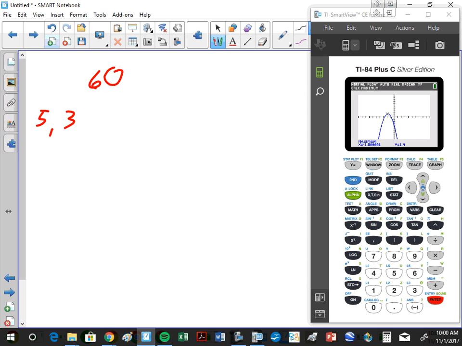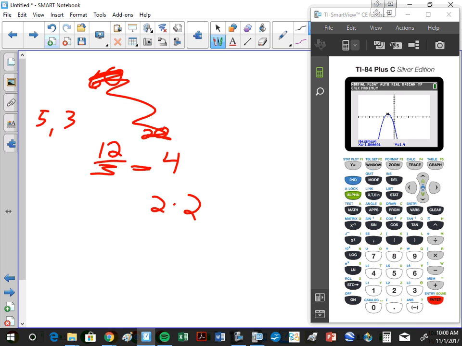So 60 divided by 5 is 12, but 60 divided by 3 is 20. That really doesn't help me. Once I divide it once, I want to divide it again so it becomes more simple. So instead of dividing the 60 by 3, I'm going to divide this, and I end up with 4, which is 2 times 2. So we know that both of them are going to work, but the whole point here is to simplify it down to a quadratic equation.